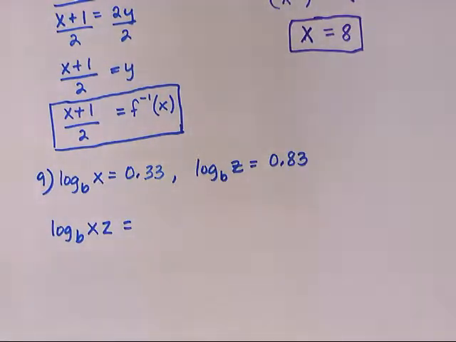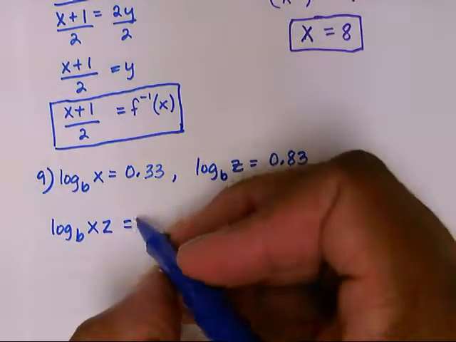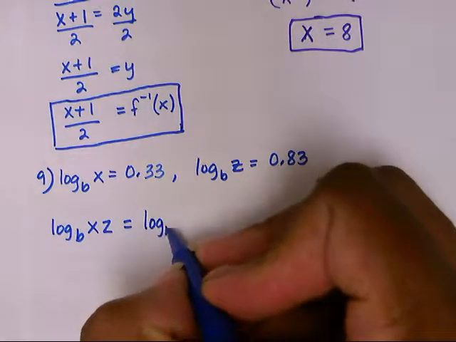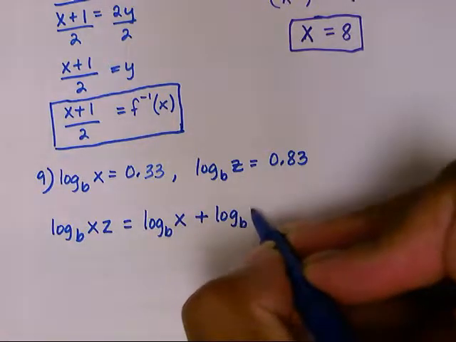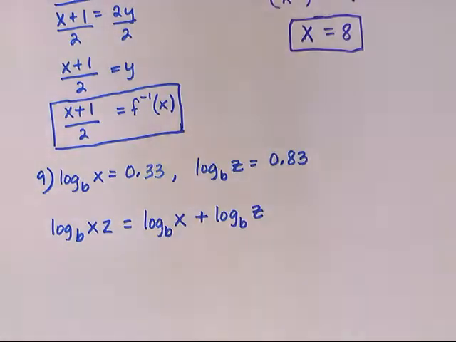Now, here we have to apply the product rule for logarithms. Because we have the log of a product, I can expand that as the sum of their individual logarithms. So I can expand this as log to the base b of x plus log to the base b of z.